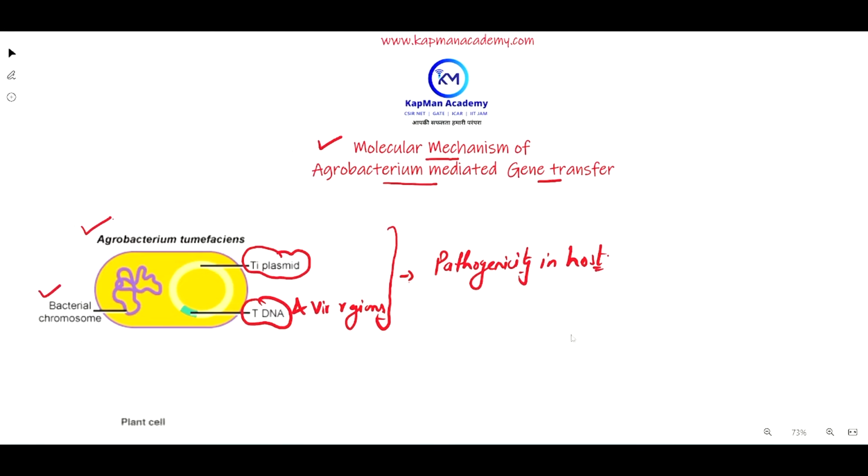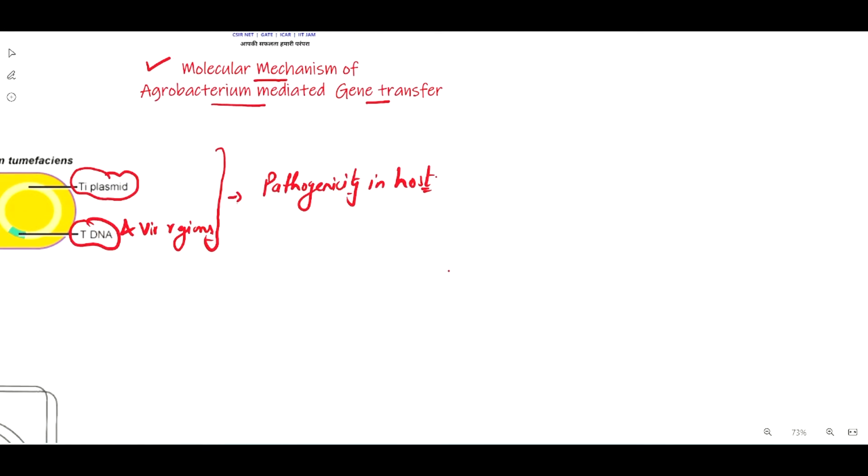So basically it is a two-component system, and it is based on different types of factors. The first factor here is the activation of the chemotaxis system.